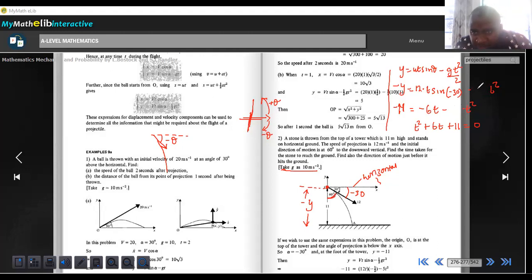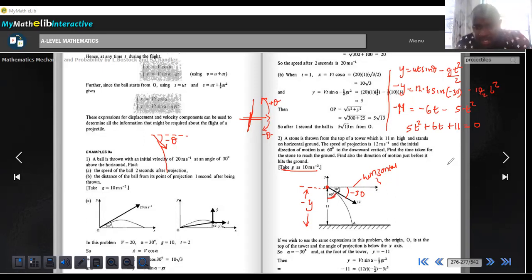So this was supposed to be 10 over 2, so this is 5. Two numbers multiplied give 55, added give 6. That would have been 5 and 11, negative 5 and negative 11. But when you add them, you can't get a positive 6.